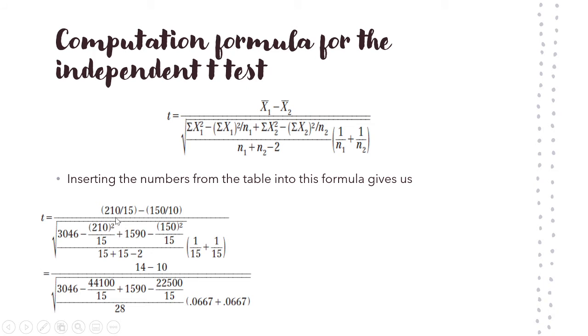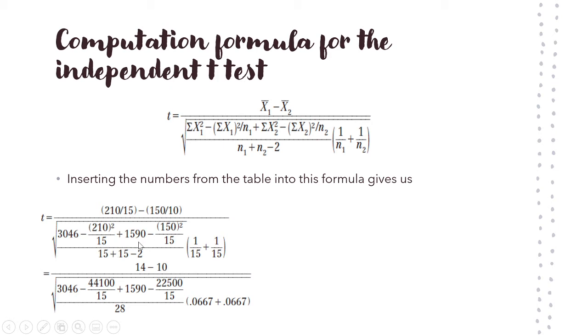The difference of the mean of x, the first group minus the second group: 210 divided by 15 minus 150 divided by 10. Then the square root of the summation of the square of the first group, which is 3046, minus the square of the summation of the values of the first group, which is 210 squared, divided by the sample size of the first group, which is 15.